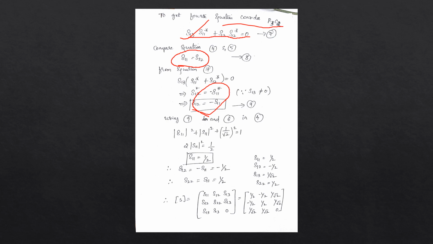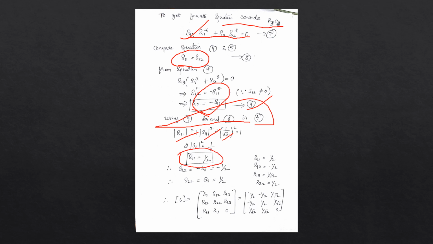By using equations 9 and 6 in equation 4, that is substituting equations 9 and 6 in equation 4, we get S11 whole square plus S11 whole square plus (1 by root 2) whole square is equal to 1. Hence S11 value will be 1 by 2.